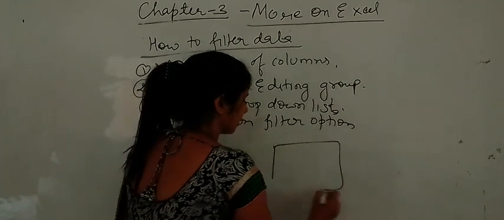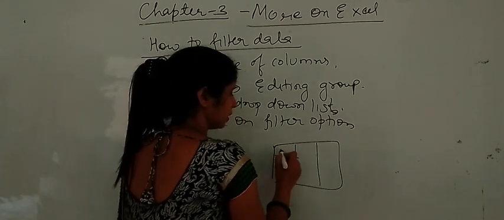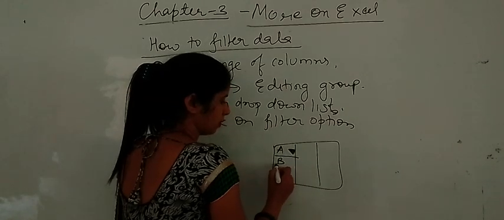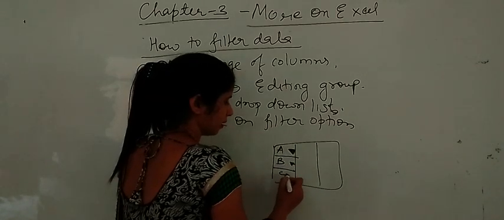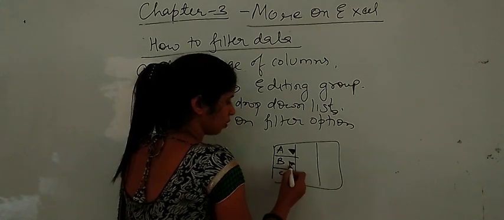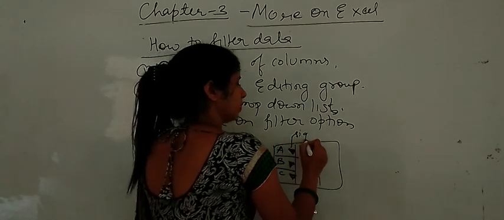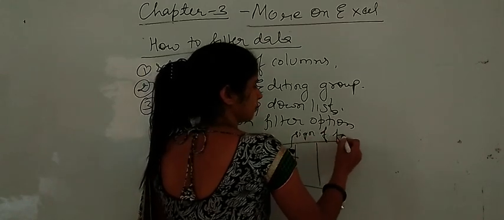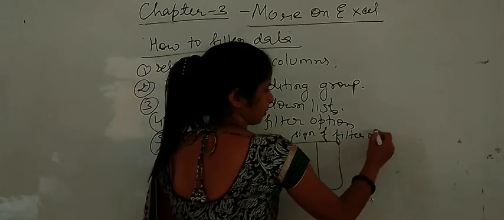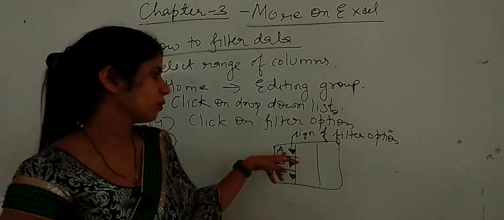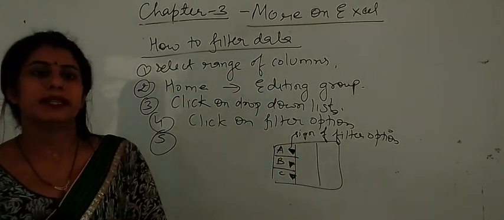Suppose these are the data there. A. So here you will find this kind of arrow. B. So here also you can find. So this kind of drop down arrow is the sign of the filter option. Okay, means this kind of arrow shows the filter.